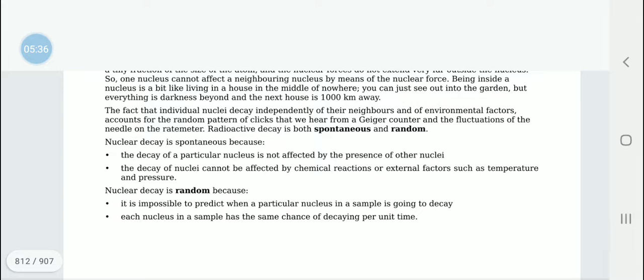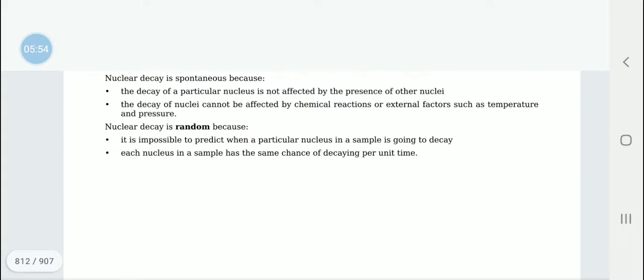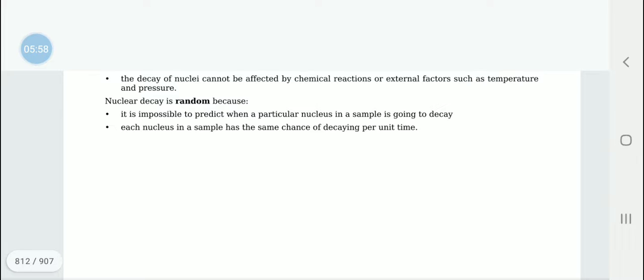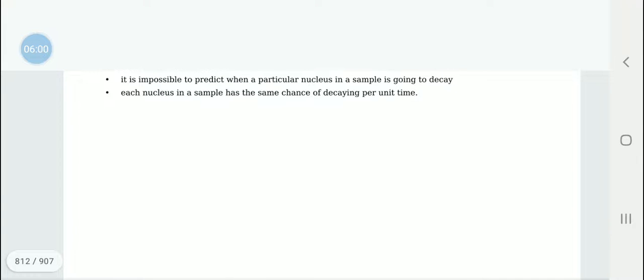Nuclear decay is spontaneous because the decay of a particular nucleus is not affected by the presence of other nuclei, and it cannot be affected by chemical reactions or external factors such as temperature or pressure. Then it is random because it is impossible to predict when a nucleus in a sample is going to decay, and each nucleus in a sample would have the same chance of decaying per unit time.